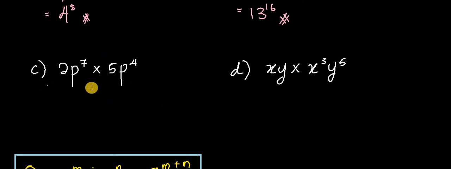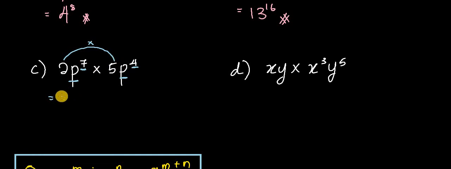Now let's look at C. One thing you must notice, you must always identify what the power is with. In here, the power 7 is with the alphabet P, and the power 4 is with the alphabet P. So the numbers here, I do not have any powers with them, and the numbers I can solve. So 2 and 5 here, I can just times them, alright?